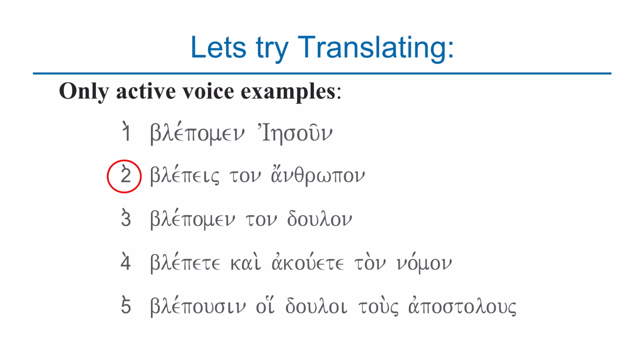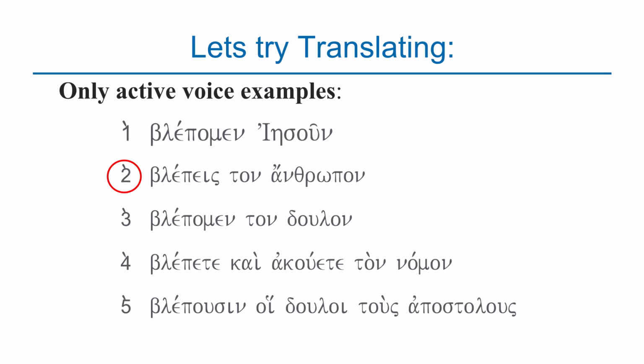Sentence number 2, you have blepeis ton anthropon. Now when you look at the word blepeis, if you remember that song on the verbs, on active voice, o-s-a, omen ete ousin, o-eis. That eis is in the second person singular, meaning that this word is coming from the active voice, second person singular.